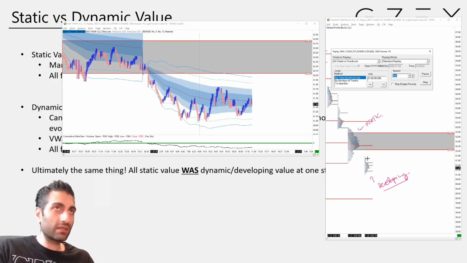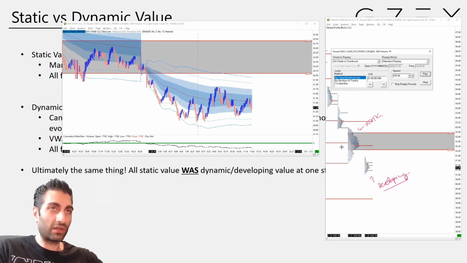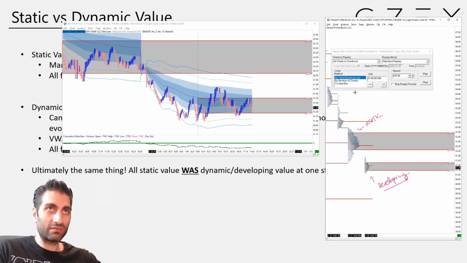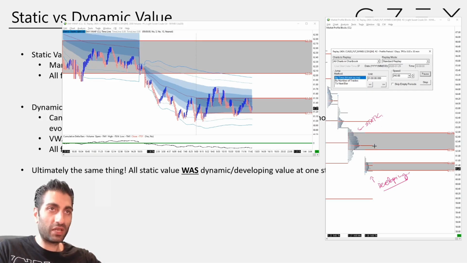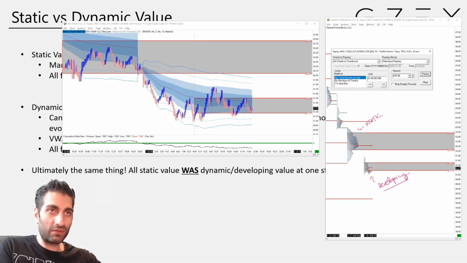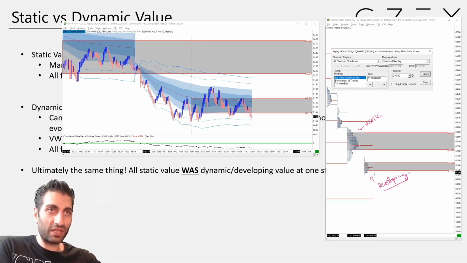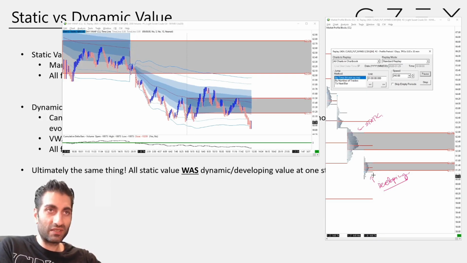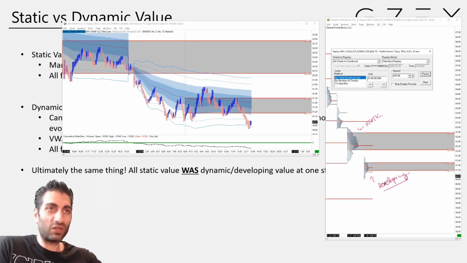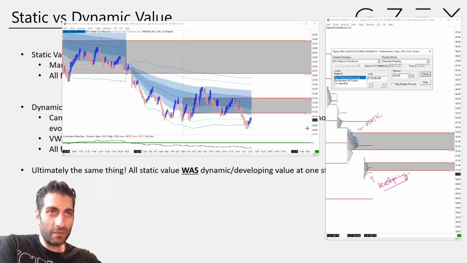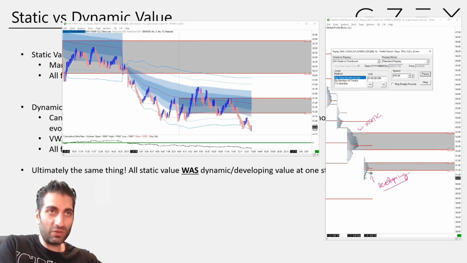If I wanted to draw in some value area lines, it's not going to work because they're going to change. Can you see they're changing? Value area low shifted down. It's going down now. I can't use it, guys. It's moving all the time. The value area low is moving now.